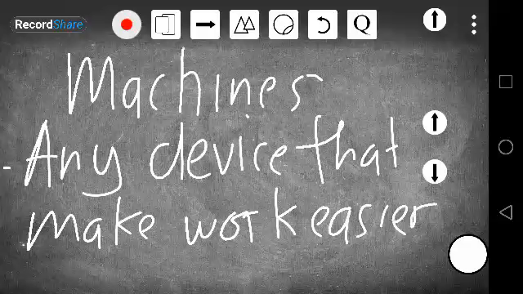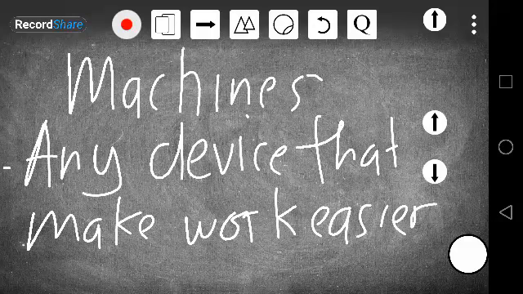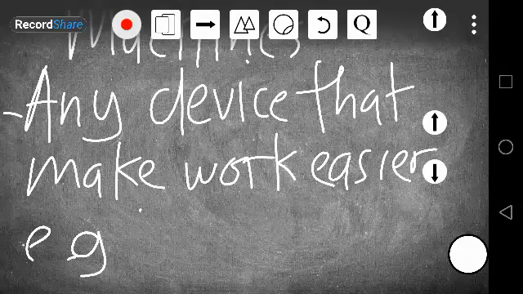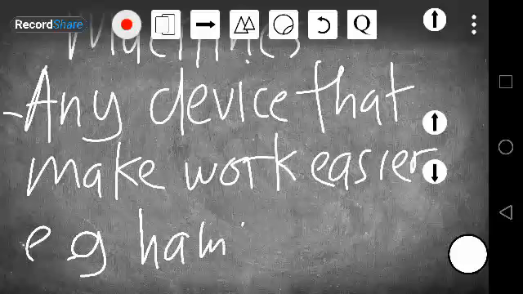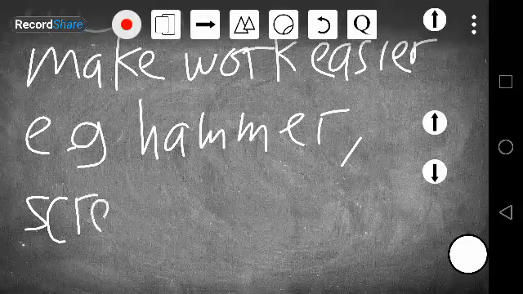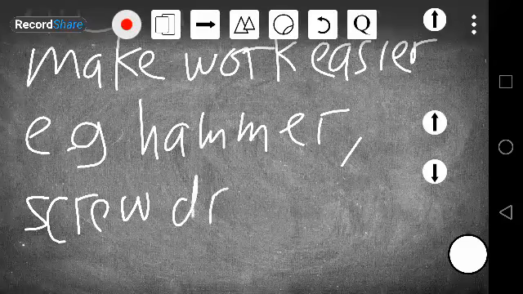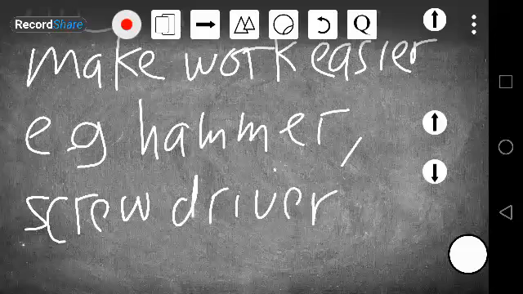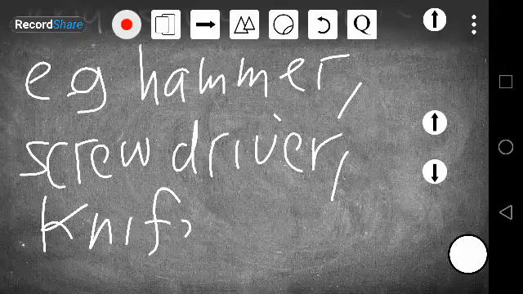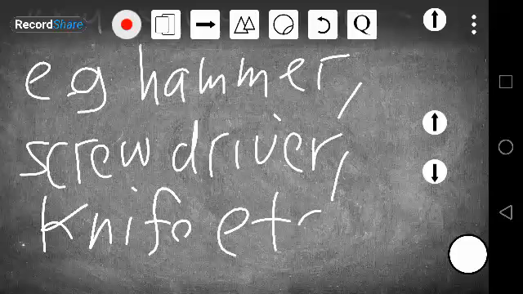Okay? That is a machine. E.g., hammer, screwdriver, knife, etc. Okay?